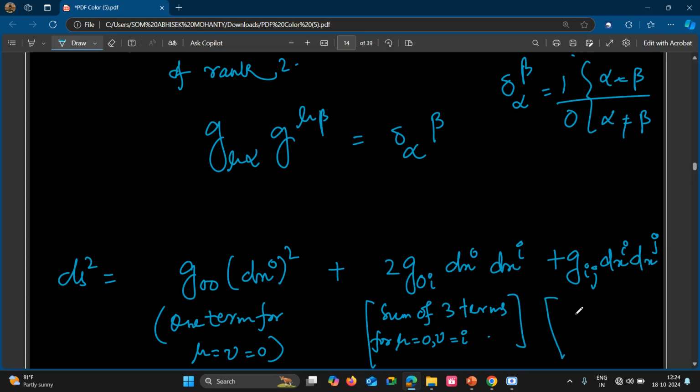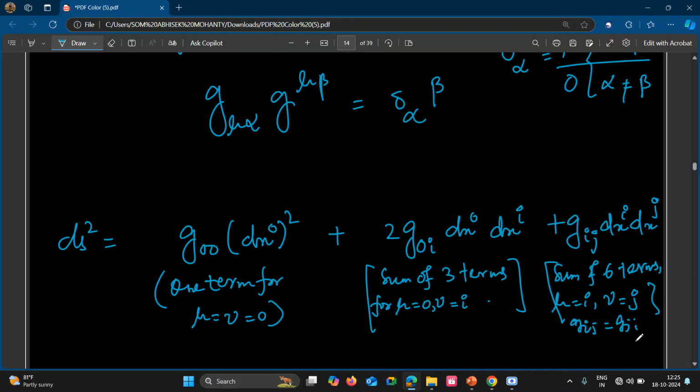And this one is the sum of six terms, for mu equal to i and nu equal to j. You will slowly understand, don't worry. Due to symmetry, gij is equal to gji.